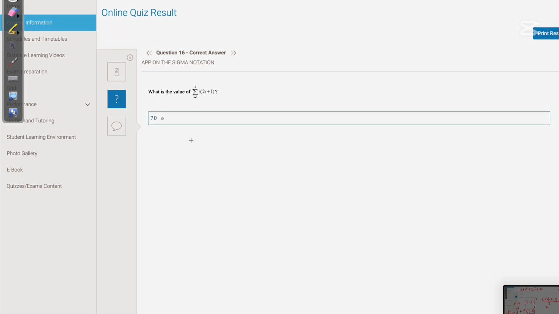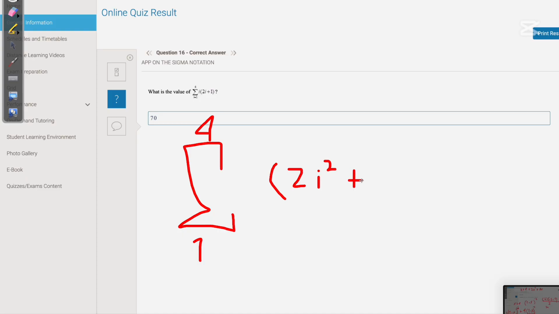You just distribute it. So the summation from 1 to 4 of 2i squared plus i, which is 70.